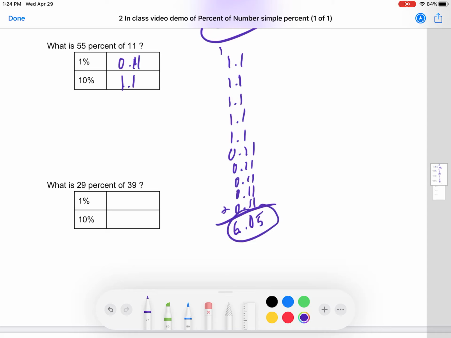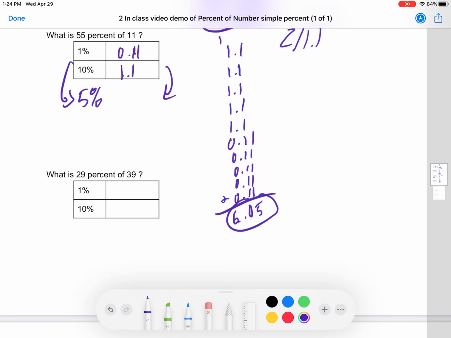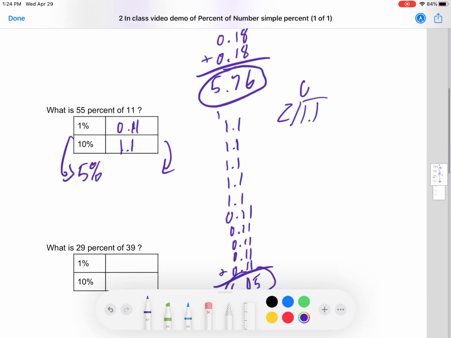6.05. Another way I thought about doing it, and you don't have to: what is it for 5%, right? Just half of that. If we do half of that, then I could just put those 50% with that half, right? And what's half of 1.1? 1.1 divided by 2 is 0.55.